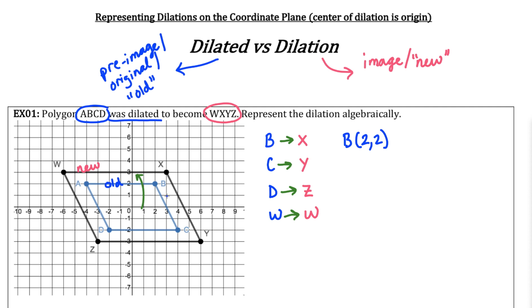So B was 2, 2, and it was multiplied by a scale factor and became X, which is 3, 3.